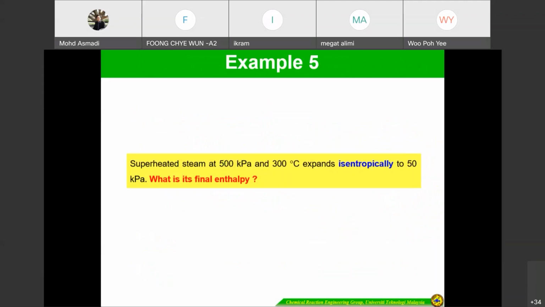What is it? Superheated steam at 500 kPa and 300 degrees C expands isentropically to 50 kilopascal. What is the final enthalpy?